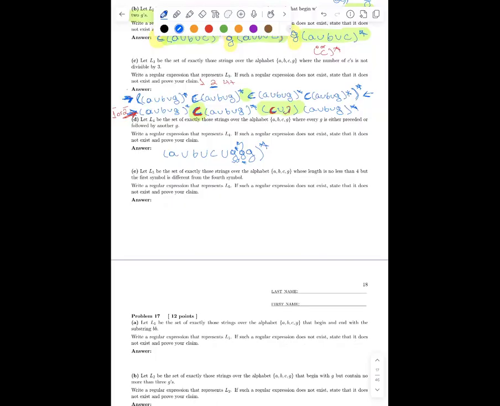And then I will move on with the E. Let L5 be the set of exactly those strings over the alphabet A, B, C, G, whose length is no less than 4, but the first symbol is different from the fourth symbol. So if the length is no less than 4, my length should be 4 plus.